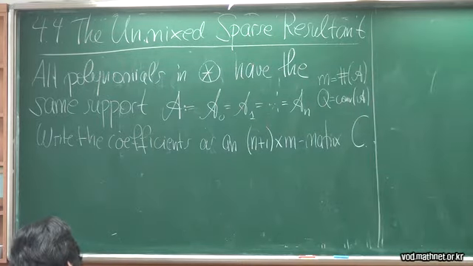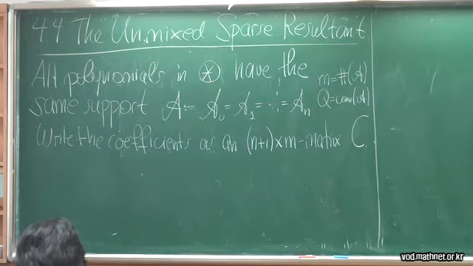So the n+1 polynomials all use the same M monomials. The rows of my matrix are indexed by the polynomials. The columns are indexed by the monomials. So the first polynomial, I write the coefficients in the first row. The second polynomial, I write it into the second row, and so on. It's a rectangular matrix with n+1 rows and M columns, and I'll call that matrix C.